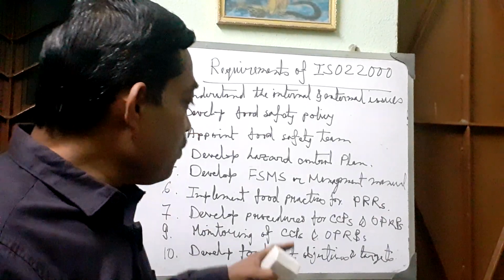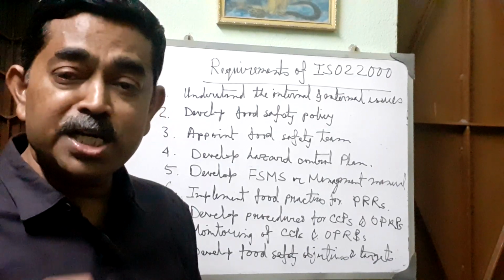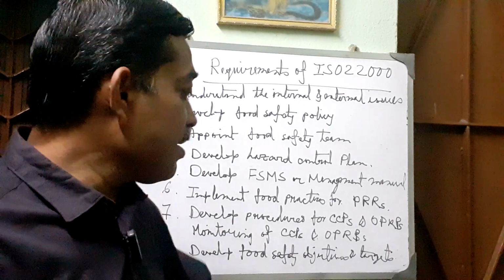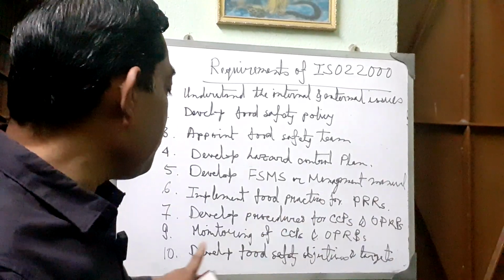So this H2O2 concentration and its temperature is another CCP for sterilized milk. These are the CCPs for sterilized milk.